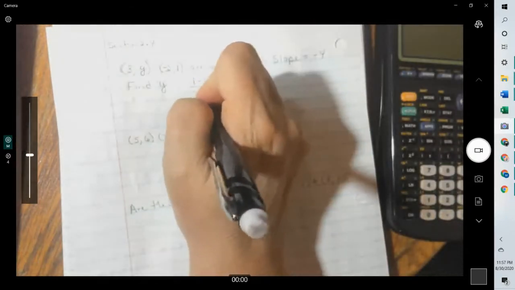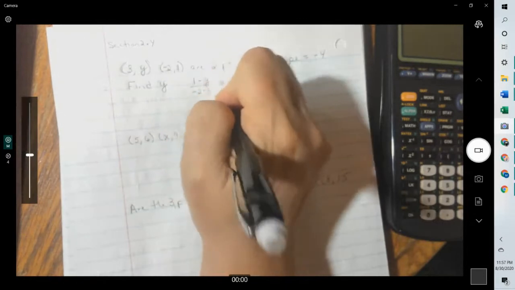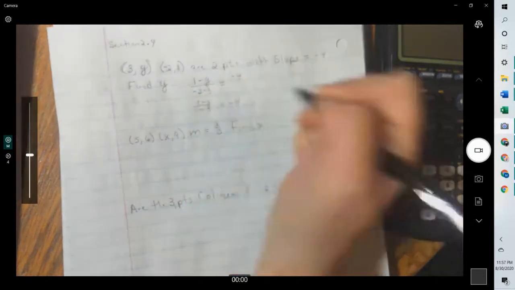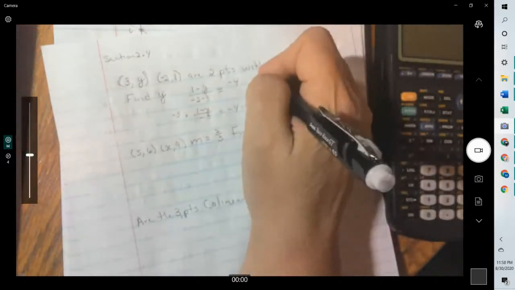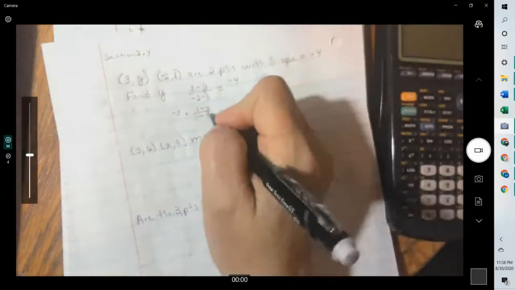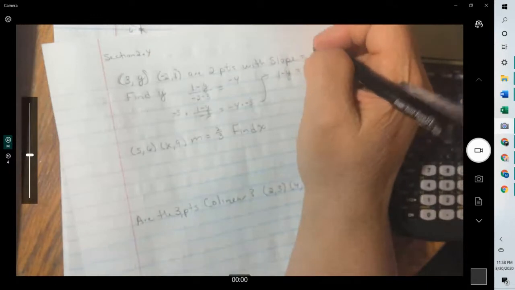We have 1 minus y over a negative 5 equals a negative 4. Multiply the negative 5 to the other side. And that cancels and leaves 1 minus y equal to positive 20.